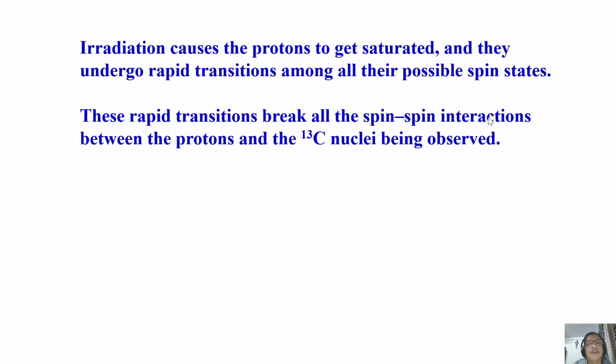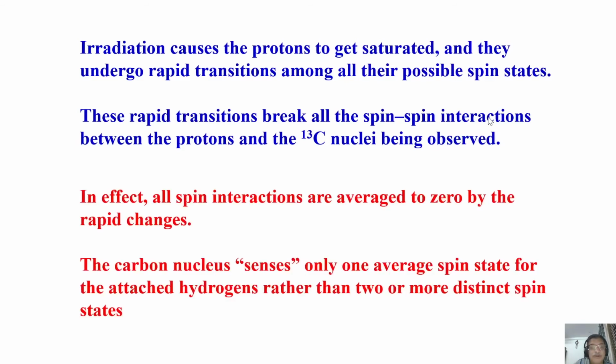As far as carbon is concerned, there are no two spin states for the proton. In effect, all the spin interactions between carbon and proton are averaged out because of these rapid changes. Then the carbon nucleus senses only an average spin state for the attached hydrogens.